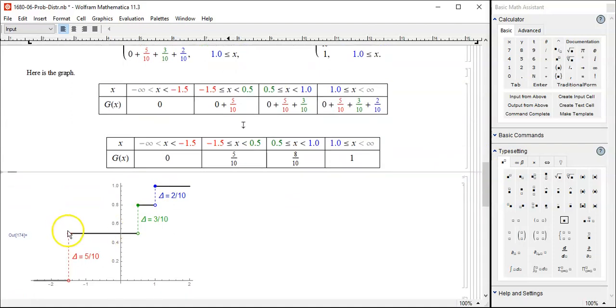And between negative 1.5 and 0.5, probability is 5/10, so steady at 5/10. And then between 0.5 and 1 here, the probability is 8/10, so steady at 8/10 horizontally. Finally, greater than or equal to 1.0, constantly 1, so horizontal like this. As usual, left-hand side endpoints are included.